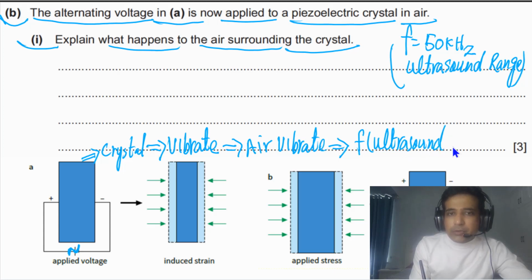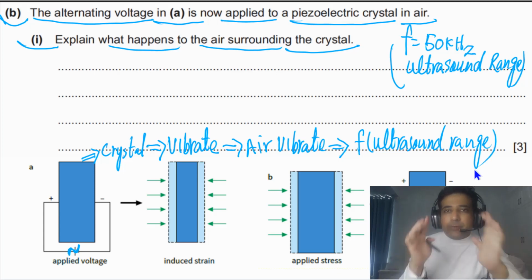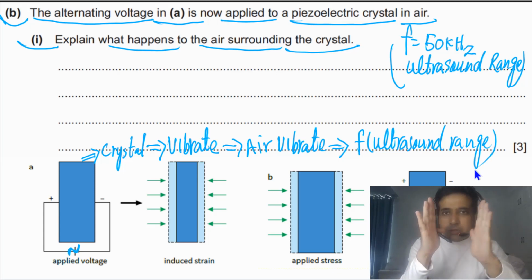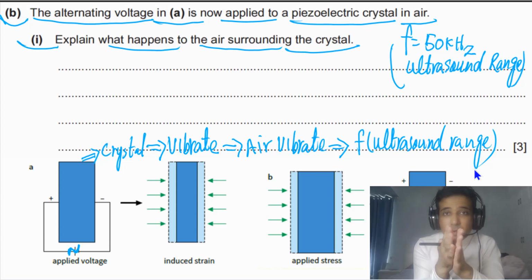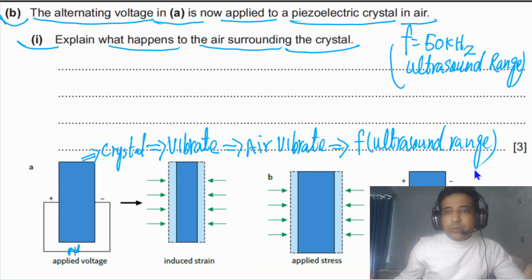First of all, when you apply alternating voltage, the crystal will vibrate. And when an object is vibrating, objects produce sound waves. And the frequency of the sound waves and the frequency of vibration of the crystal will be the same as the frequency of the alternating voltage. So if you understand this, we can write down our answer like this.